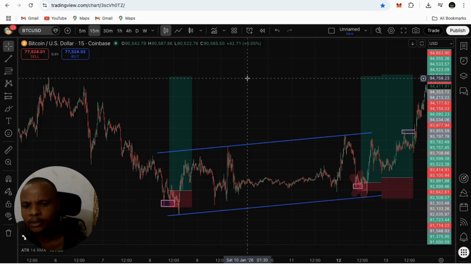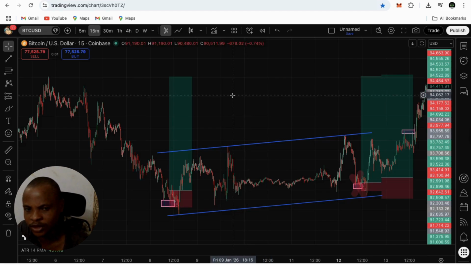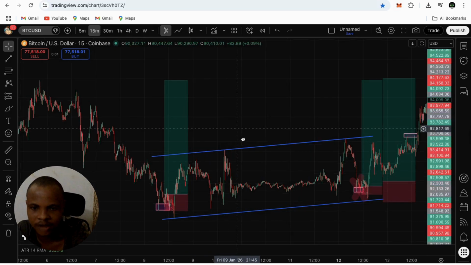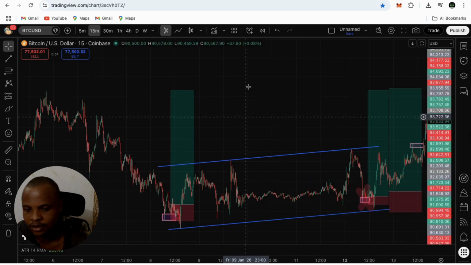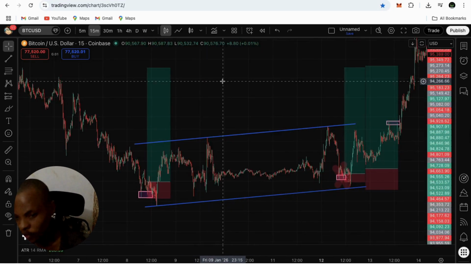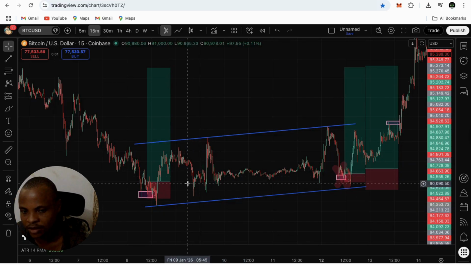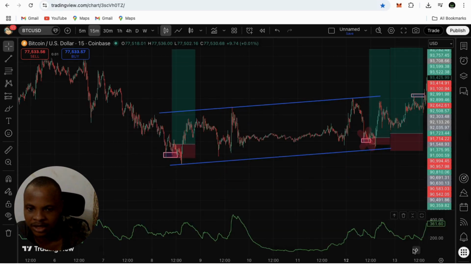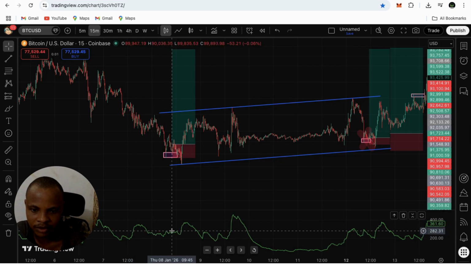So the first trade we took for the month was a double bottom, and as you can see, first half of the month this trade was a loss. Immediately, it just cleared out and started going up. But unfortunately, if we had taken this trade with ATR, as you can see, this trade would have been a win. If I added ATR here, this ATR value is around 270, if I'm not mistaken.